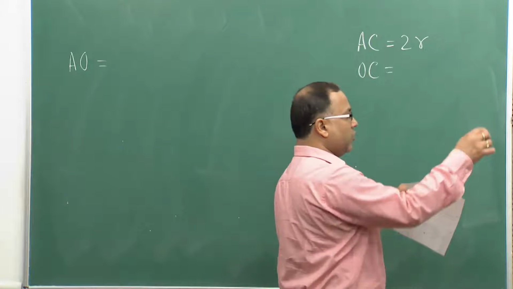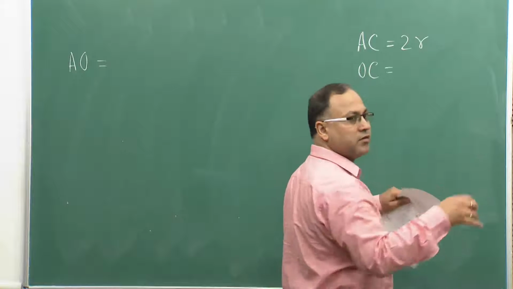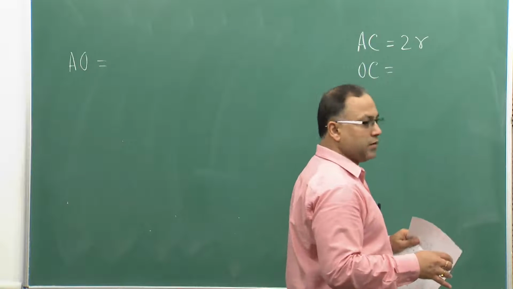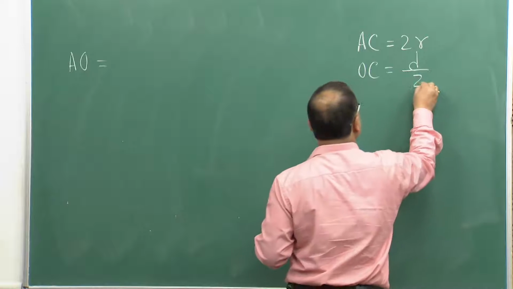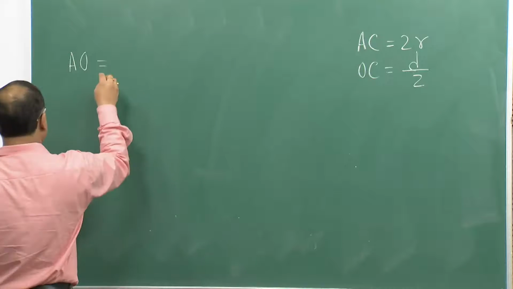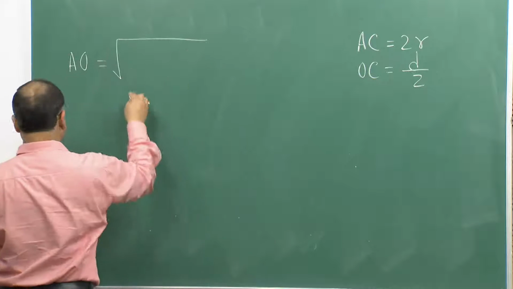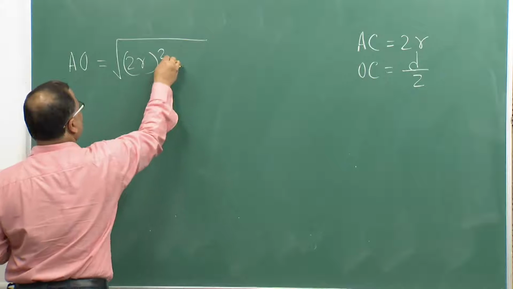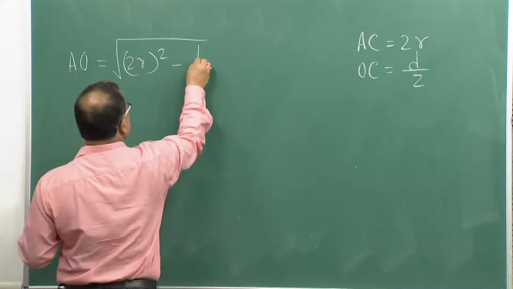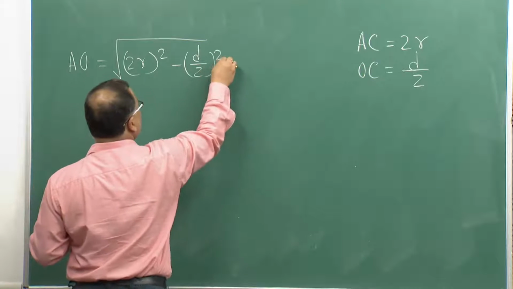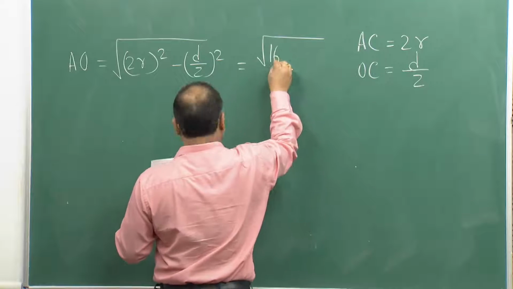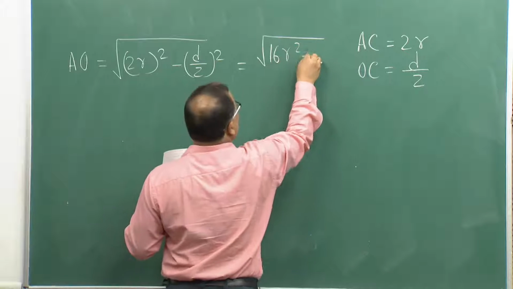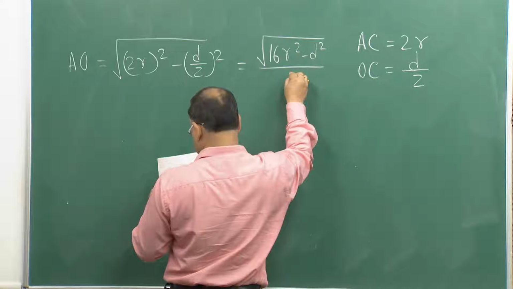So AO is the square root of twice r squared minus d by 2 squared, which gives root over 16 r squared minus d squared, divided by 2.